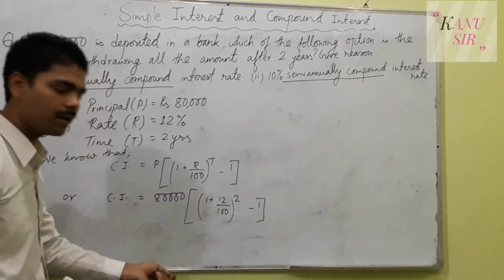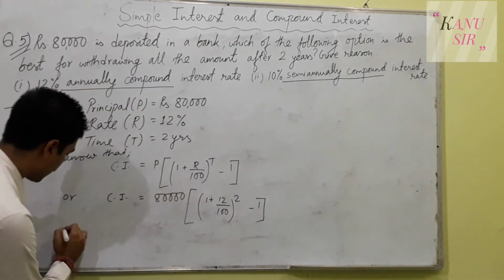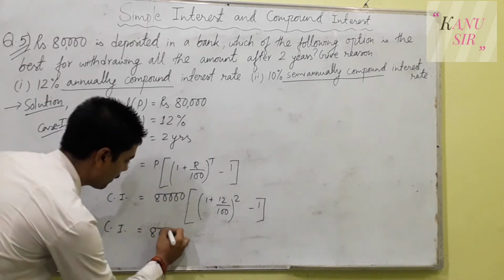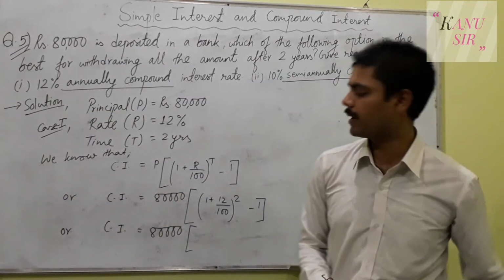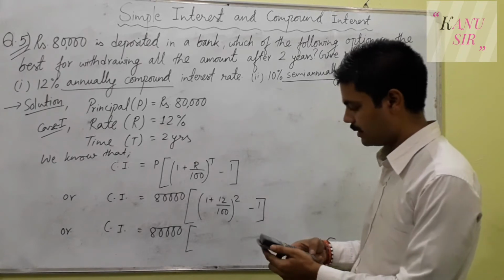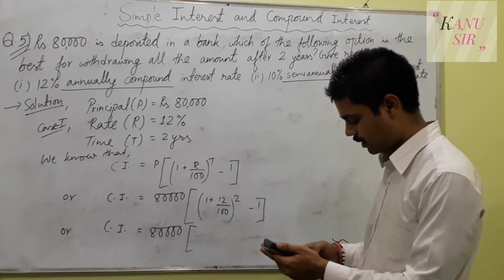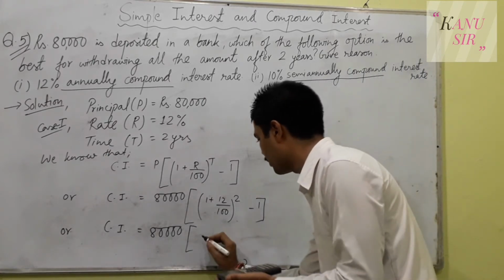I have already told you the question will get longer without using a calculator, so I am trying to use a calculator here. So 80,000. Now you can take your calculator. 1 plus 12 divided by 100. You will get 1.12 to the power 2.